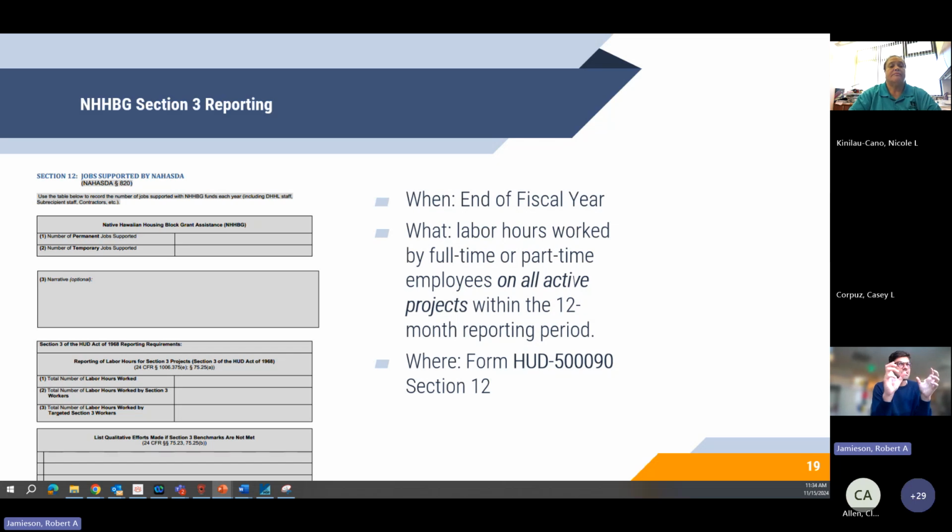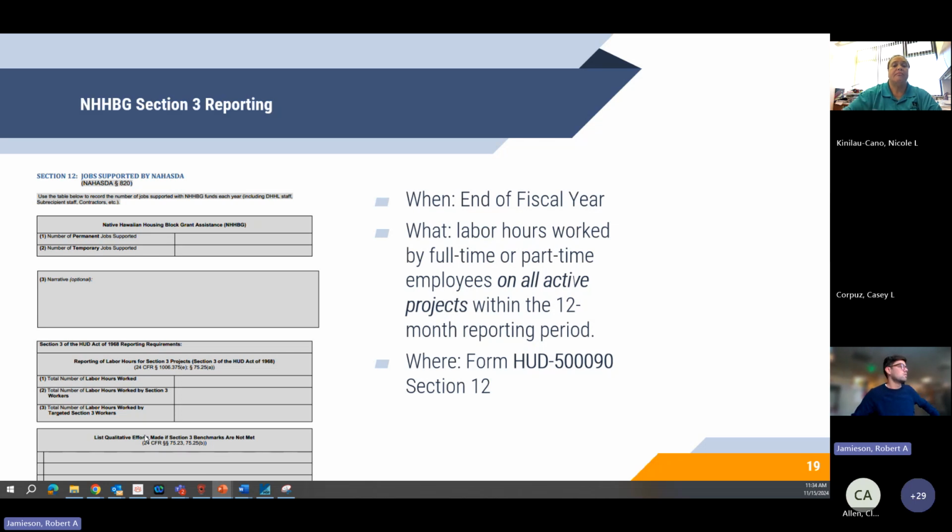I'm sorry if I'm getting that slightly wrong, but it would be based on that. And again, this is not a breakdown per project. We're taking all of our active Section 3 applicable projects during that fiscal year and giving a summary of total labor hours, and then finding out how many of those were done by Section 3 workers, and how many by targeted Section 3 workers.